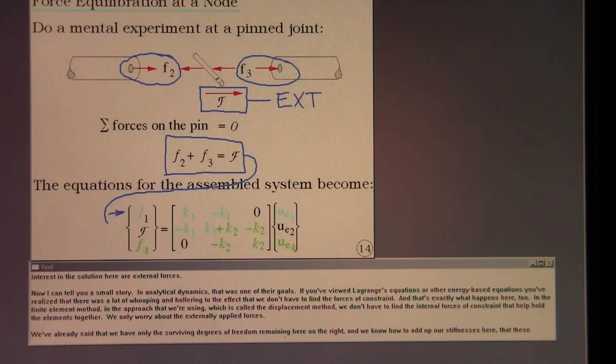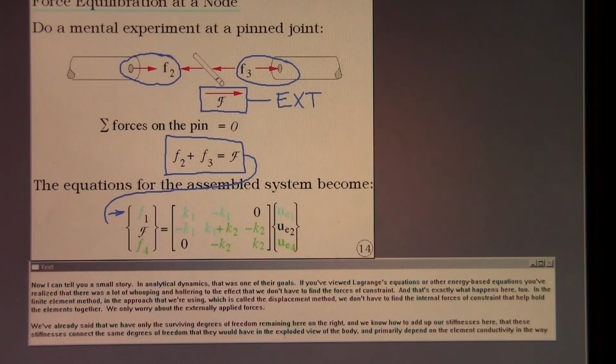In the finite element method, in the approach that we're using, which is called the displacement method, we don't have to find the internal forces of constraint that help hold the elements together. We only worry about the externally applied forces.